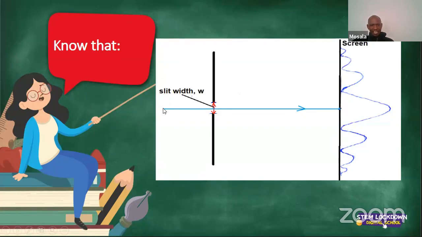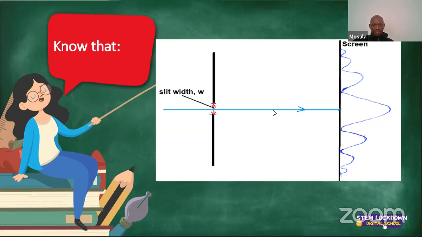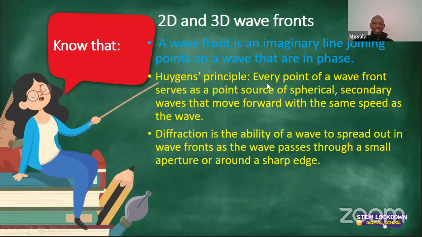Right, so let's consider this diagram here. If you have light going through here, it will form a wavefront here. But remember, let's go back to Huygens' principle. It says that every point on a wavefront serves as a point source of spherical secondary waves that move forward with the same speed as the wave.